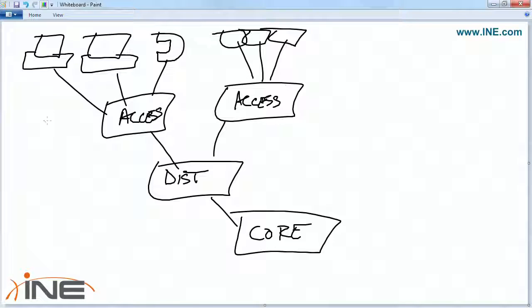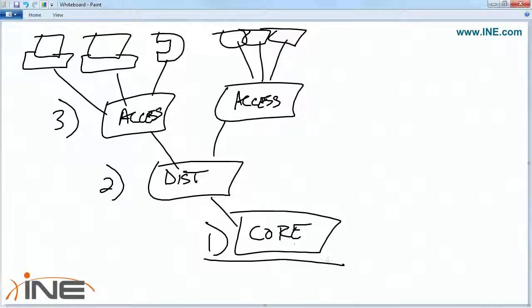Now, the idea behind this is that if we build a hierarchy in the network, where the first level of hierarchy is the core, second is the distribution, and third is the access, as the network starts to grow, we wouldn't have to take every switch and plug it into every other physical switch in the network in order to add new hosts.